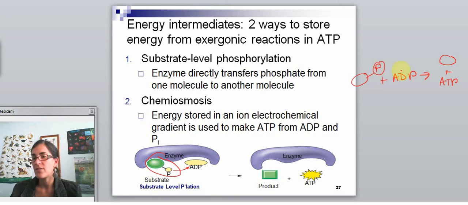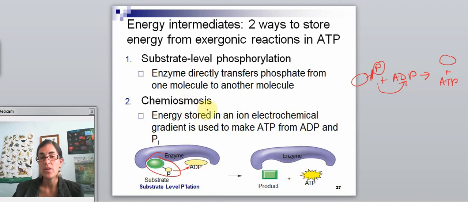So in substrate-level phosphorylation, the phosphate on one molecule comes off, so this bond breaks. The energy of that is used to put the phosphate onto ADP, which makes ATP. So in essence, the phosphate is transferred, and there's energy in that transfer that can put energy into ATP.